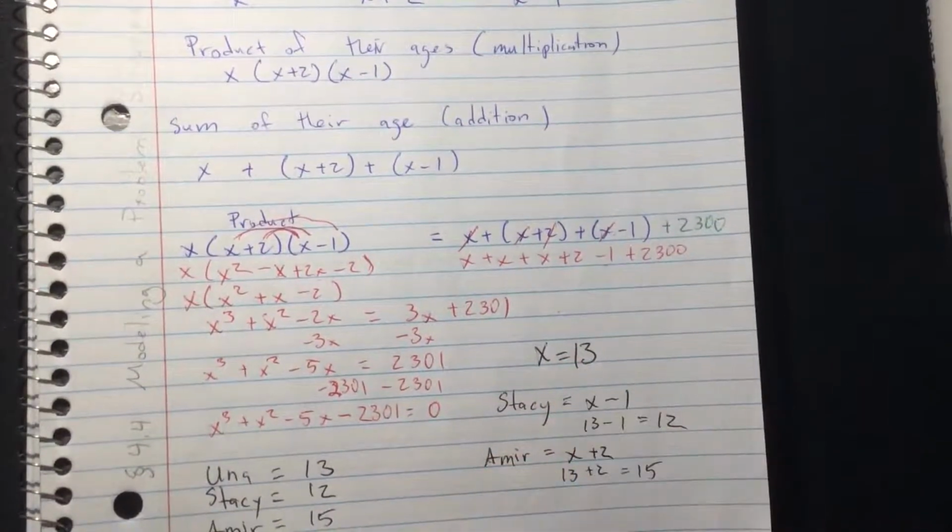So once again, we are done, kind of. This is a word problem, meaning that we have to answer the question as a word problem. So how old was each friend on that day?